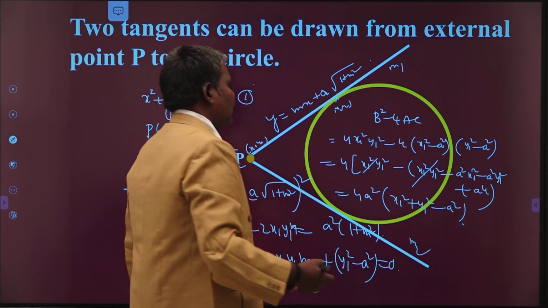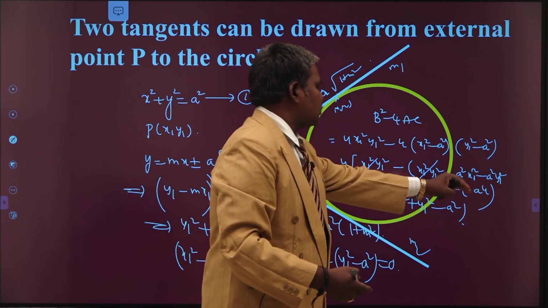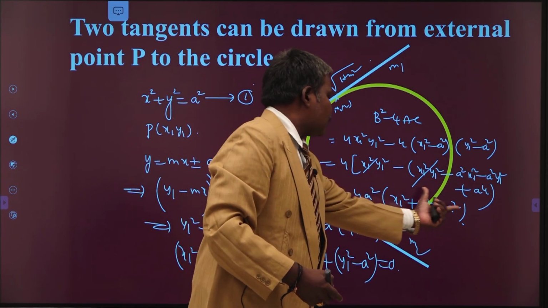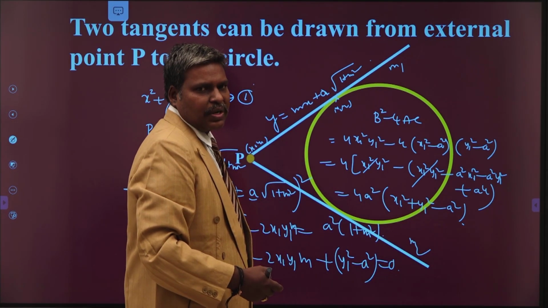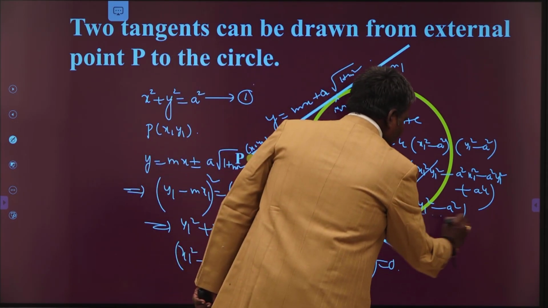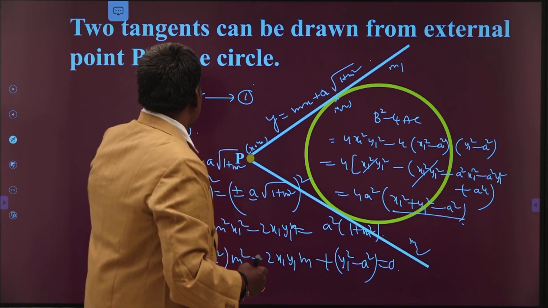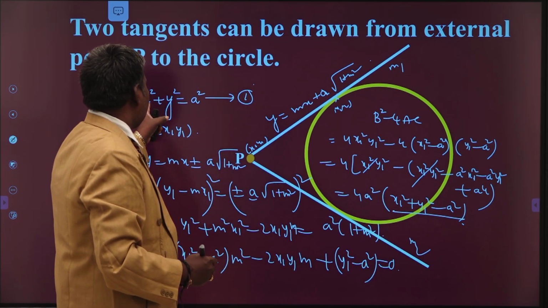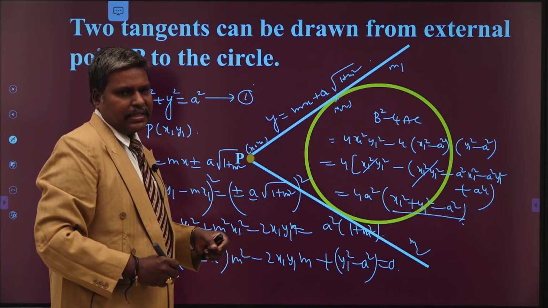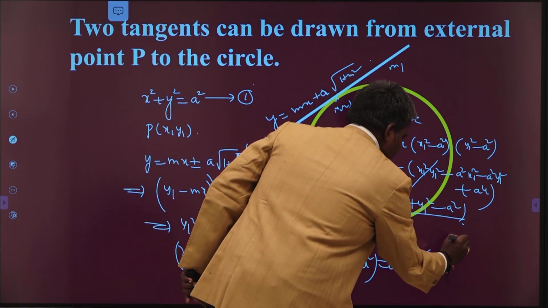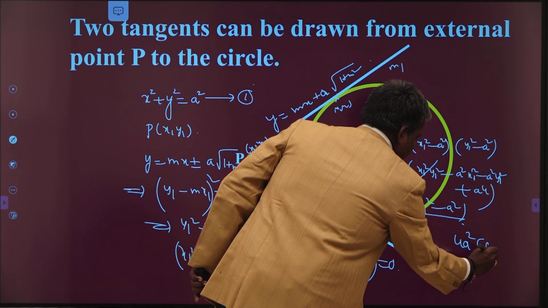Taking the minus common, we get 4a square times (x1 square plus y1 square minus a square). My dear students, what about this value? This is S11, because by substituting x1, y1 here, what we get is x1 square plus y1 square minus a square. This is 4a square times S11.